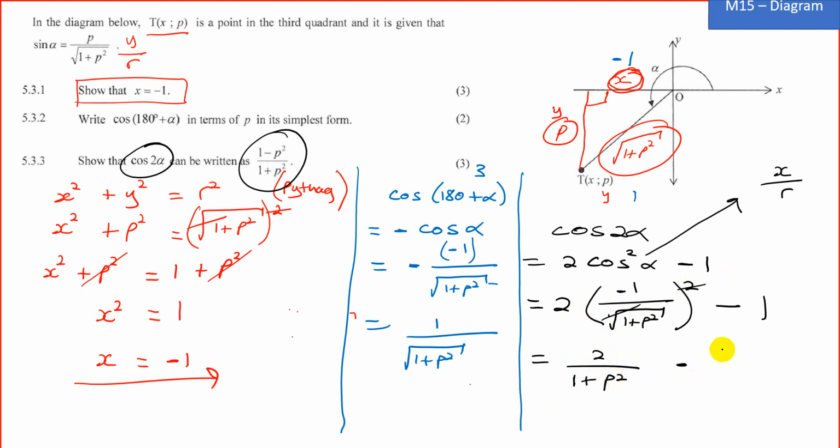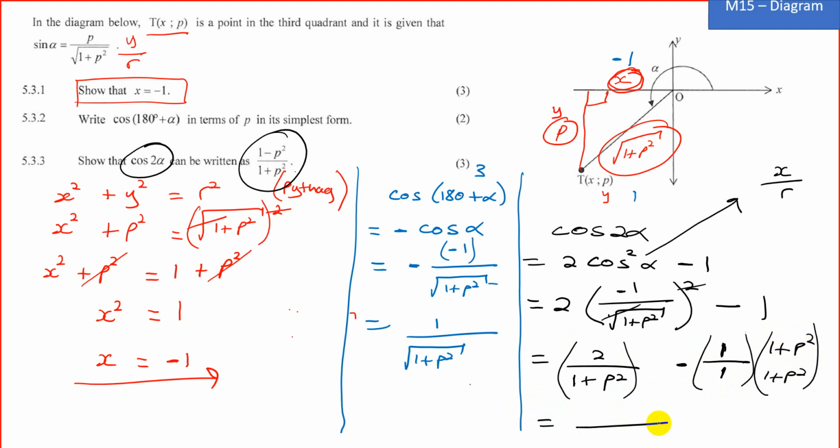And if you look at what we want to do, we're not there as yet, so we're going to write the 1 as a fraction, and then we're going to find an LCD, and your LCD here would be 1 plus p squared. So we're going to multiply this by 1 plus p squared.